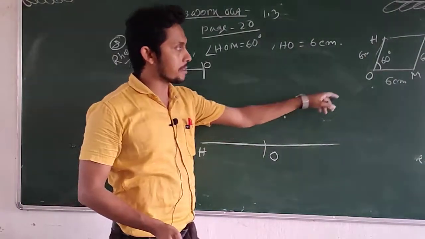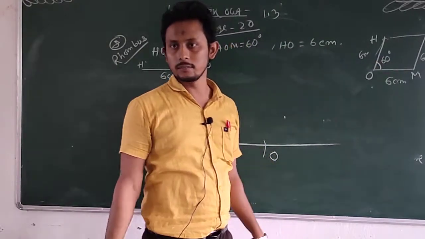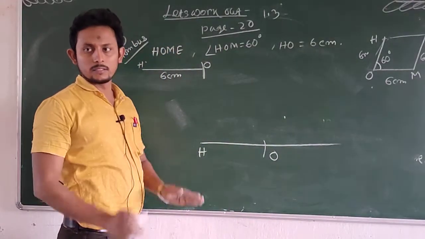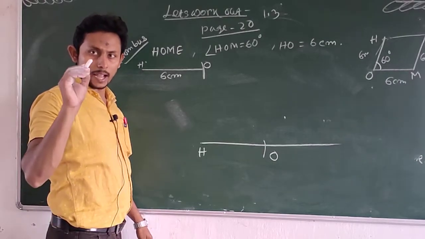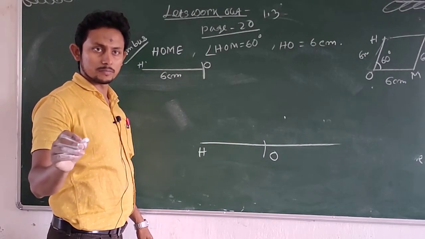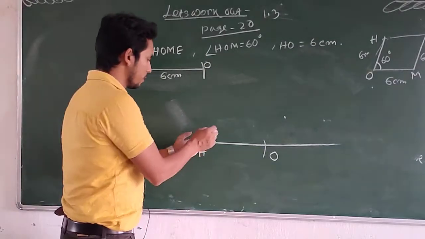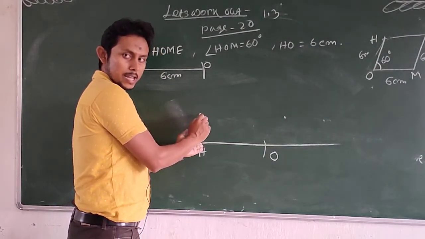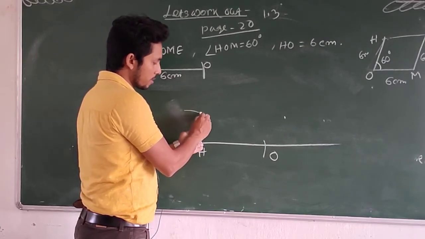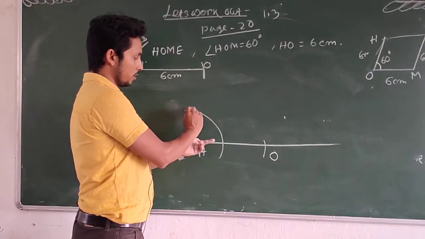We have to draw the angle 60 degrees, and we will draw it using the compass. How to draw? Take the compass with a smaller measure, and remember that the measure should not be changed. Take the compass and from this point draw this arc like that.